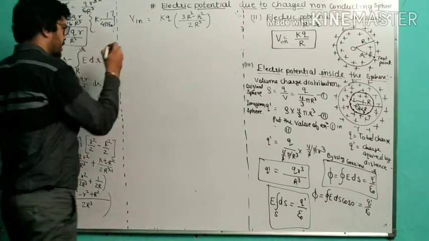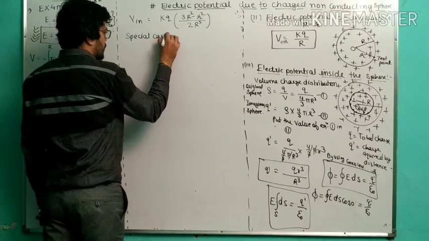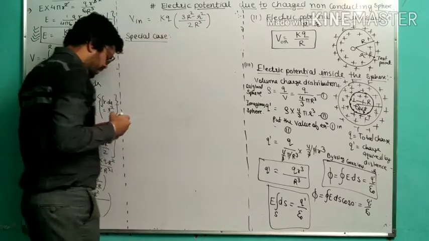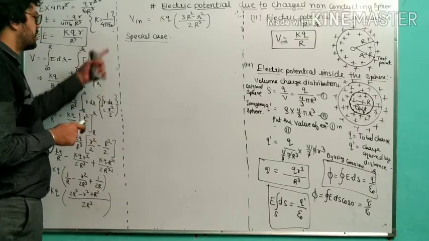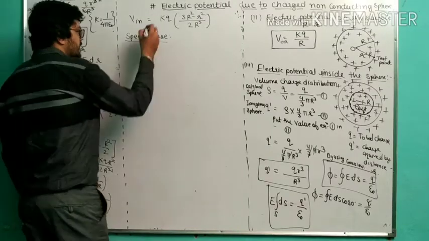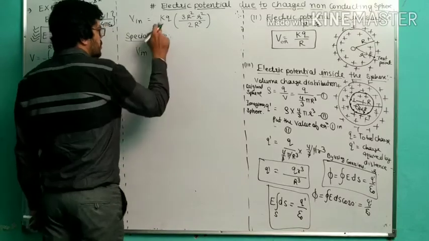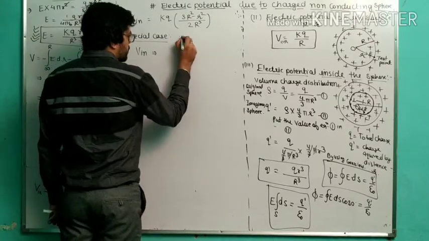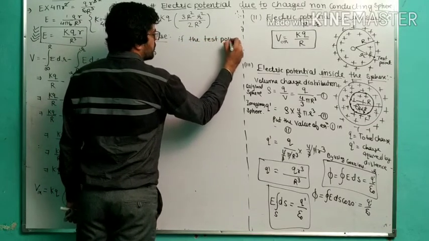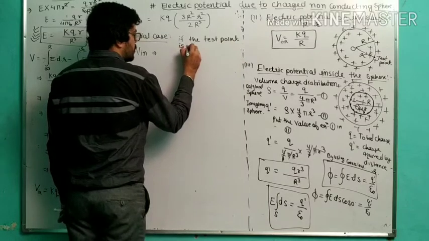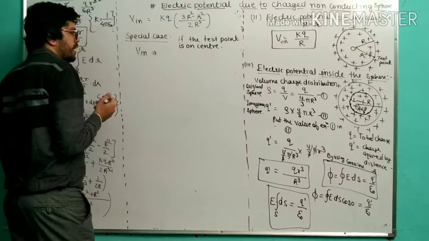Now we are taking a special case. This special case is very important because in JEE and NEET examinations, the questions and scenarios are going to be based on this. So the special case is that you have to find the electric potential inside if the test point is at the center.